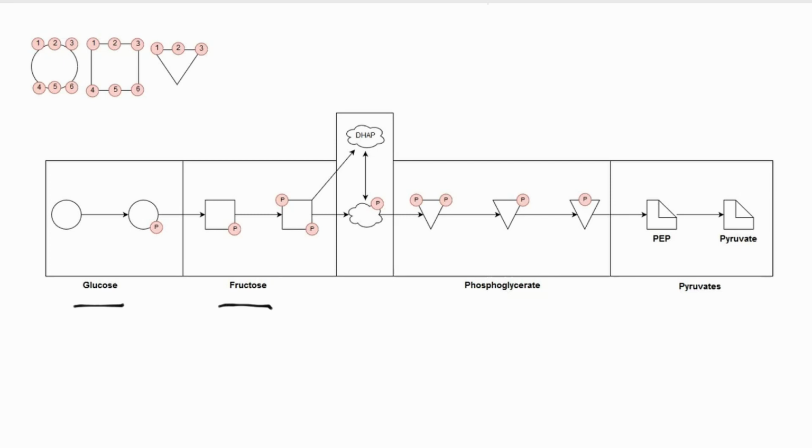And then there's this other box that I haven't really categorized specifically, but I do like to call just the weird box, because the metabolites are a little bit weird and don't follow really any kind of naming convention. Moving on, we have the phosphoglycerates, and then we have the pyruvates. So if we just jump right into things, the first metabolite that we have to start out with is, of course, glucose.